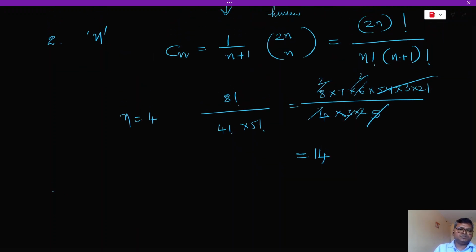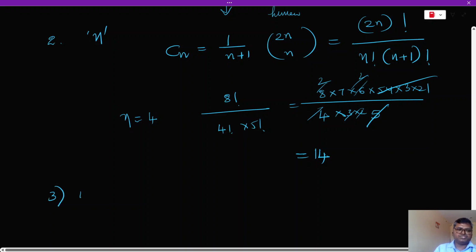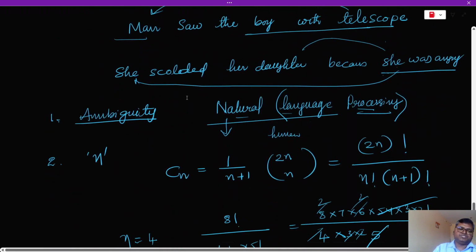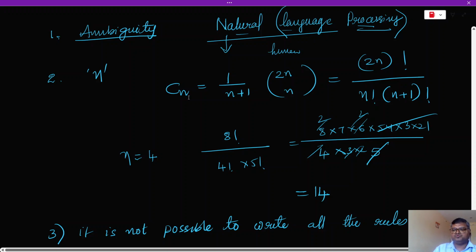Third problem, though we are using rules, it is not possible to write or represent all the rules in the grammar. So, because of these three: number one, ambiguity; number two, recursion.